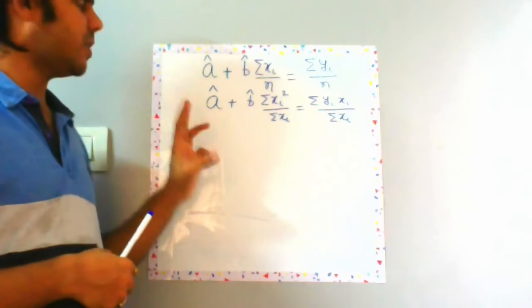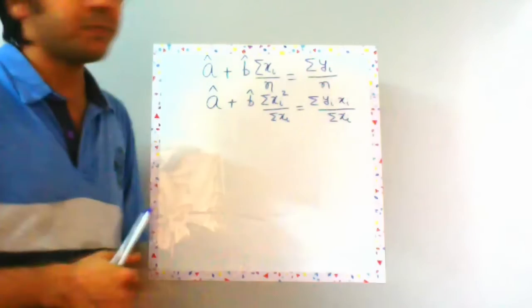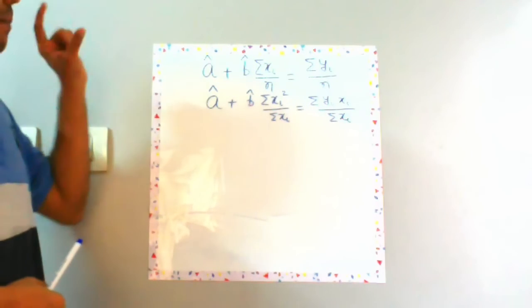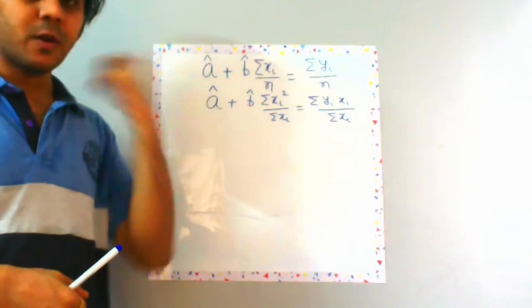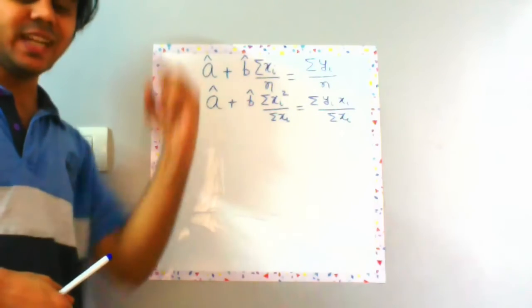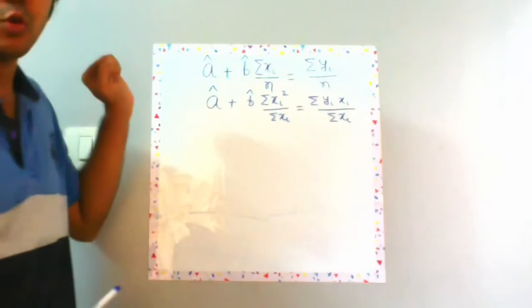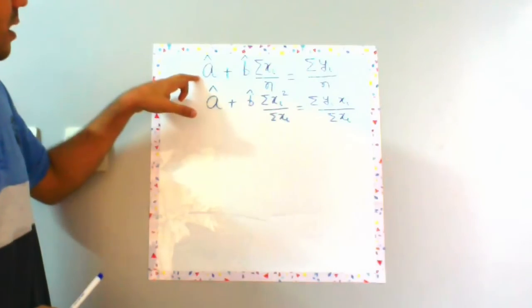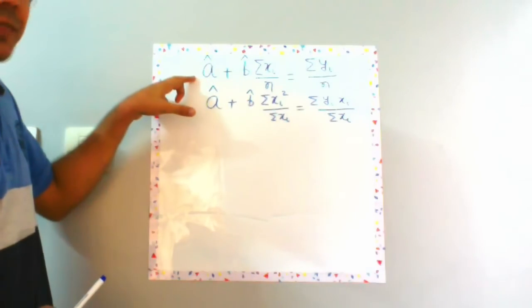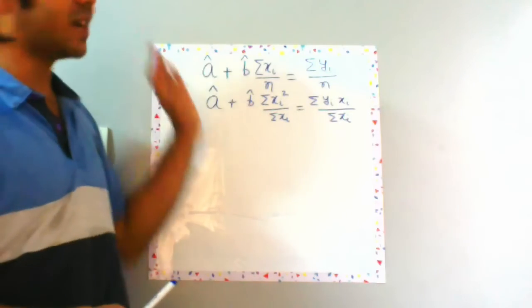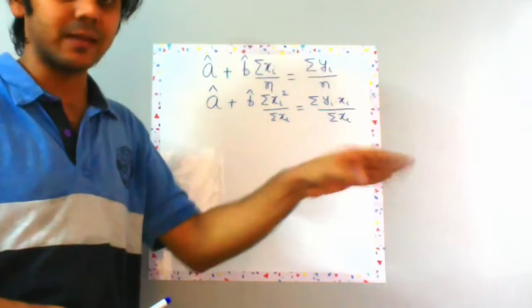If you have some difficulty in understanding this simplification, I'll give a bit of a hint. When you're summing up A hat over the n terms, you will have n into A hat. So I have divided the first equation by n throughout. So you will get a term free of n over here rather than n A hat. But n will come in the denominator for the other two terms because they don't have n.